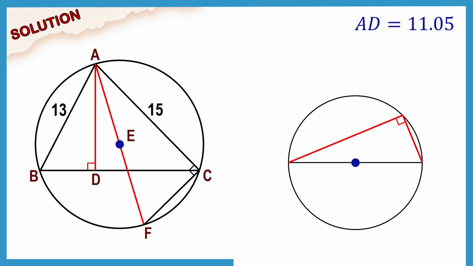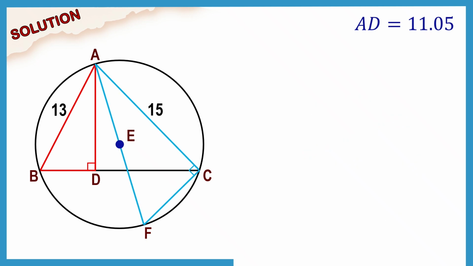Notice that angle ADB is also 90 degrees. This suggests that triangles ABD and AFC may be similar. Let's verify. Angle ADB equals angle ACF.